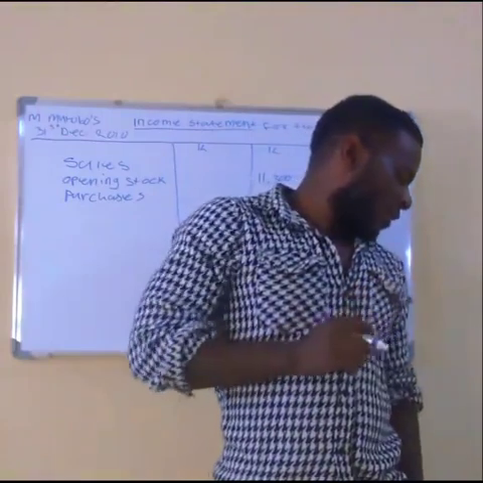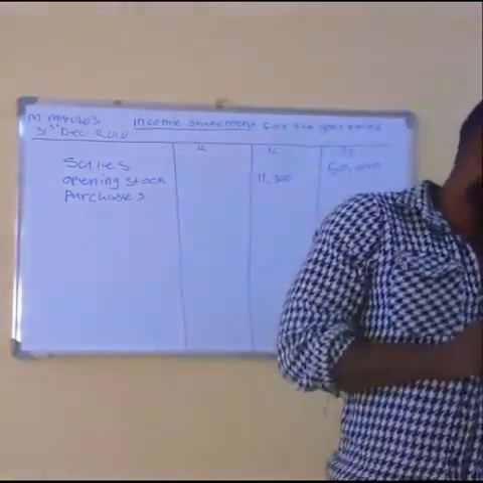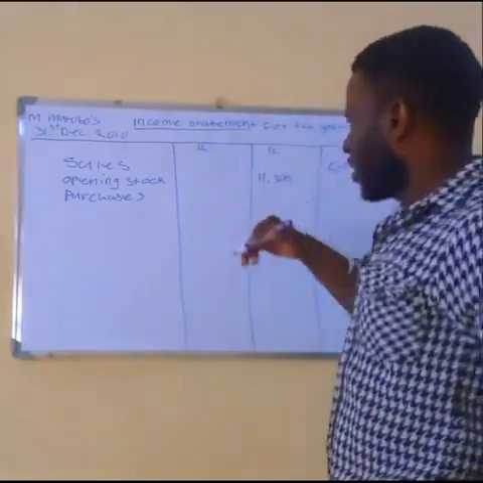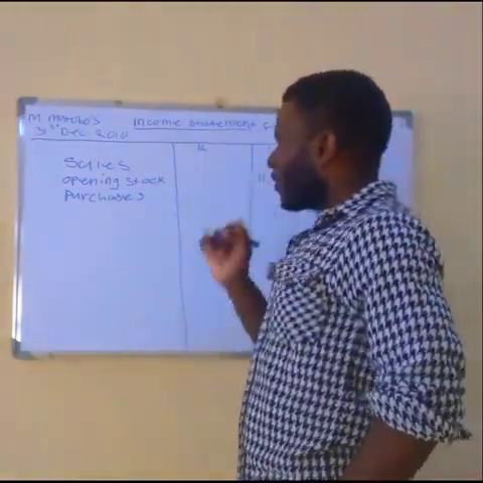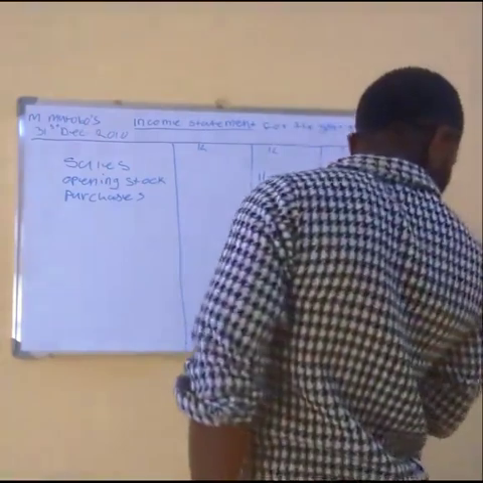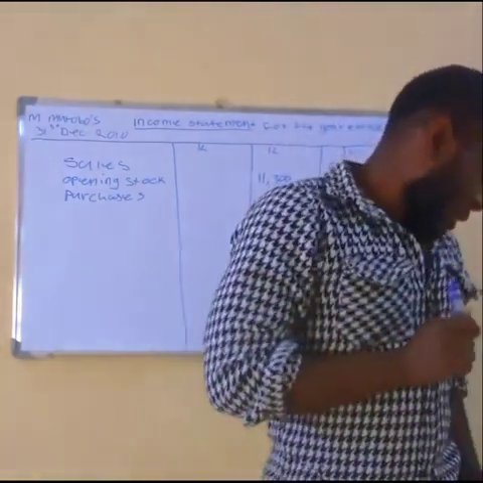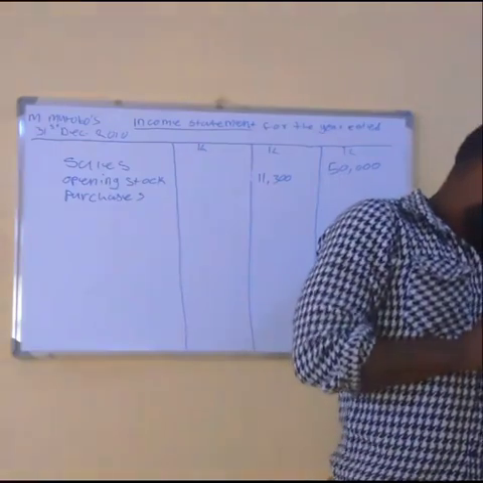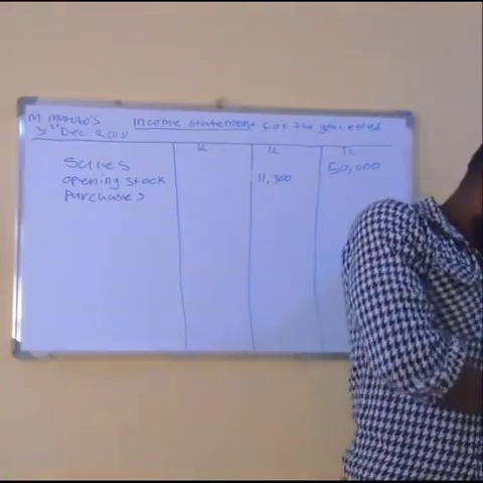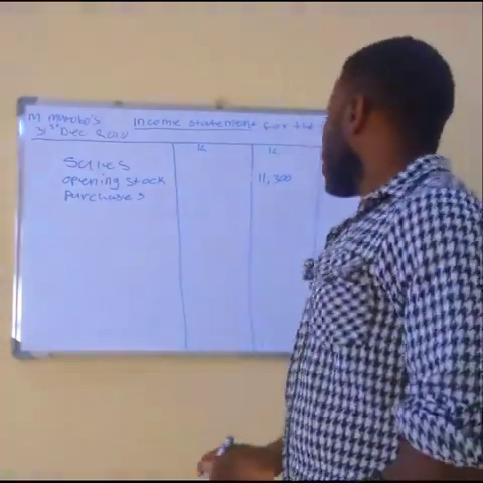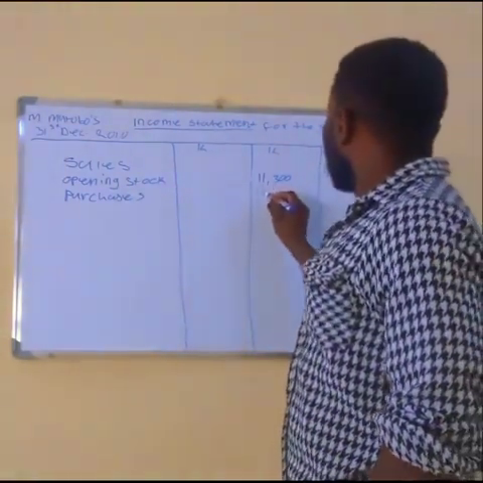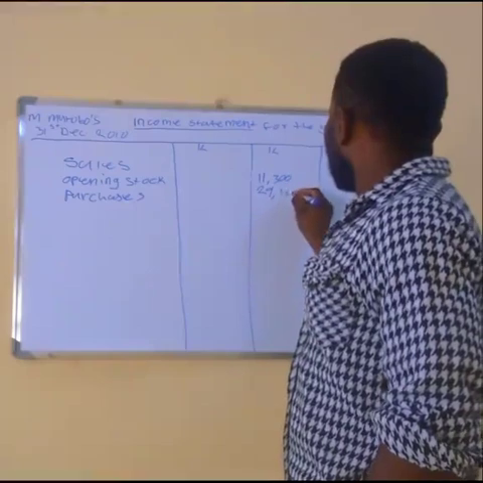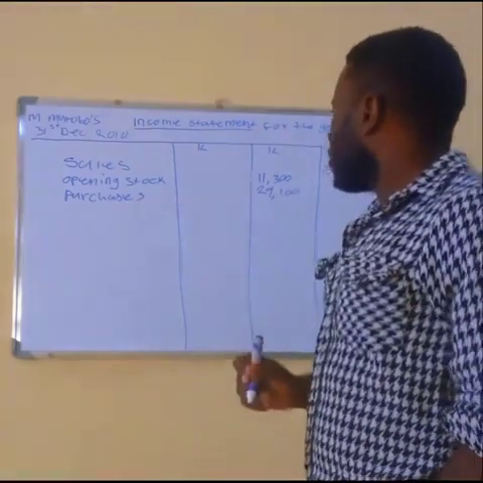So the purchases figure is 29,100. That's the figure I wanted to write on the opening stock. Thank God I realized maybe I was trying to make a terrible mistake. So the purchases figure is 29,100.